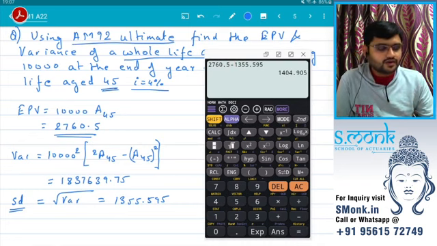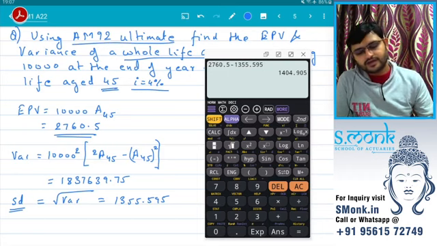Okay. So we can expect cost per person to be as high as 4100 and as low as 1400.